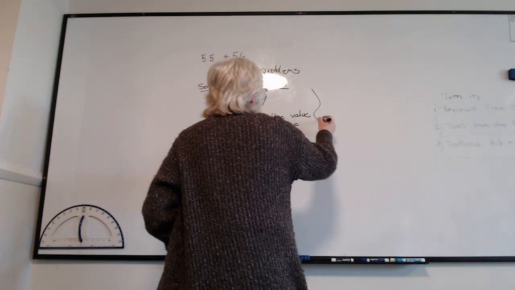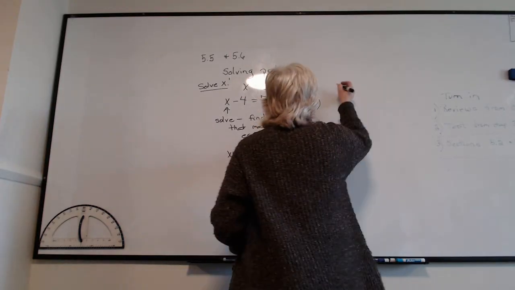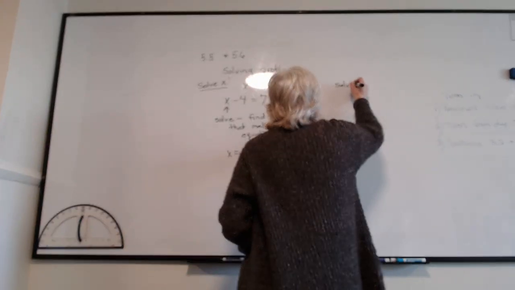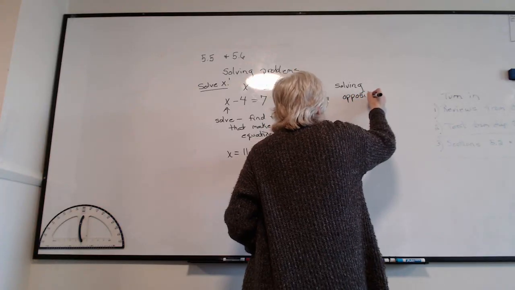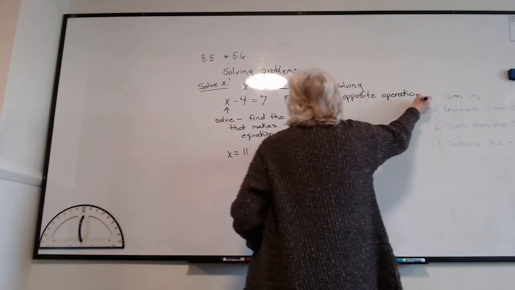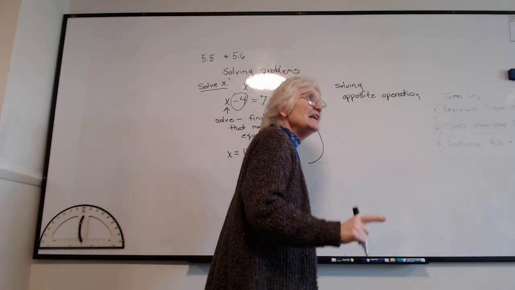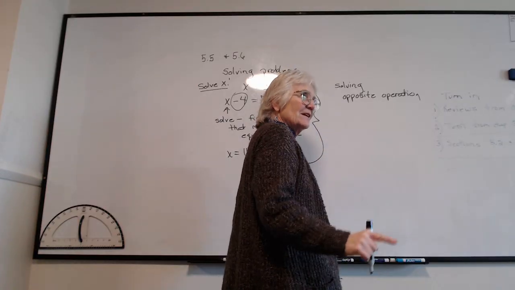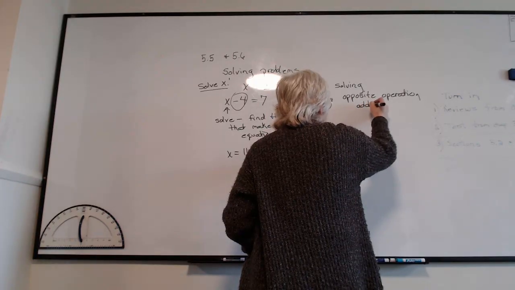So let's look at this. When we want to solve it algebraically, this is solving it algebraically. Notice he did the opposite operation. This is a subtraction sign. He said he added 7 and 4 to get 11, right? He did the opposite operation, which is adding.